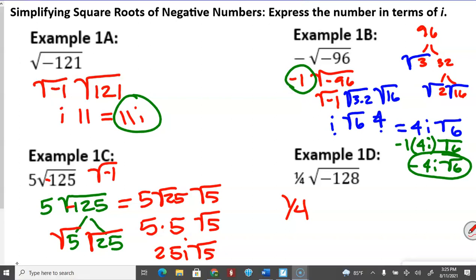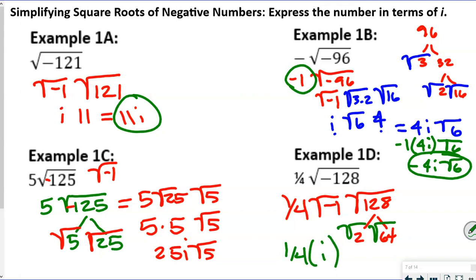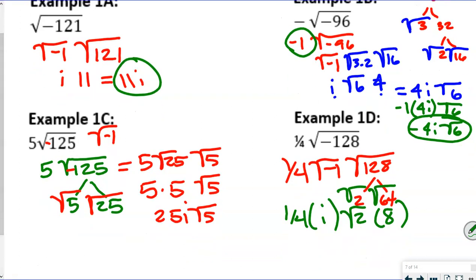Okay, so now, again, square root of -1, square root of 128. I know that that's an even number, so I'm going to do 2 here, 2 times 64. 64 is a perfect square, right, y'all? Okay, so that's going to be 1/4 times I times the square root of 2 times 8, right?